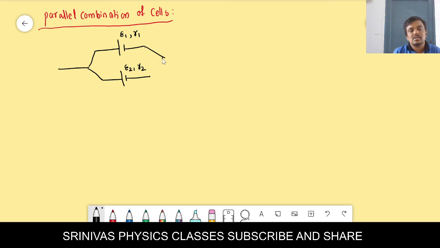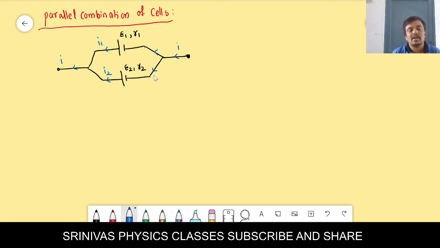The two cells are connected like this. Now these are said to be in parallel combination. From the first cell the current flows as I1. From the second cell the current flows as I2. Outside, the current is I.